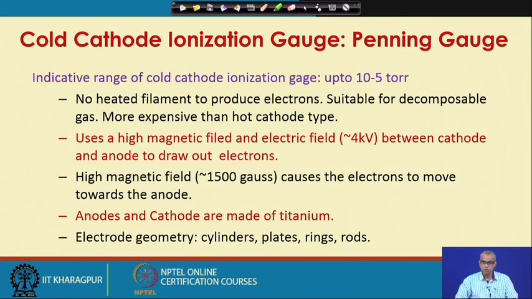As it moves towards anode, it will collide with the gas molecules that are present in the chamber. Chamber will be connected to the vacuum source which you are going to measure. As it collides with the gas molecules, they will be ionized, you measure the ion current and then it becomes same as measurement with hot cathode ionization gauge.